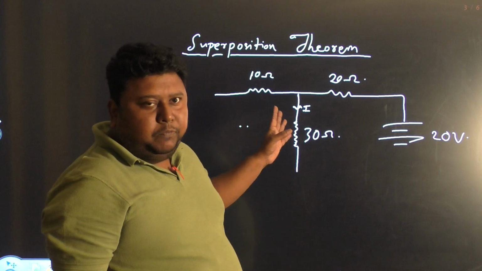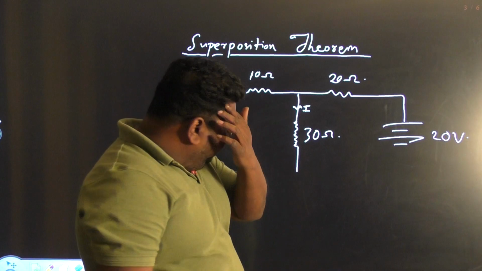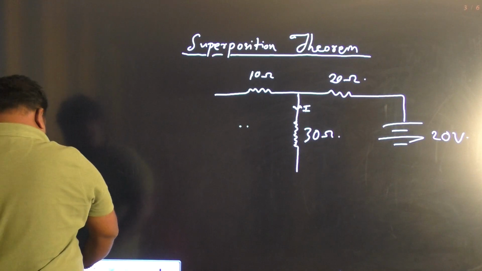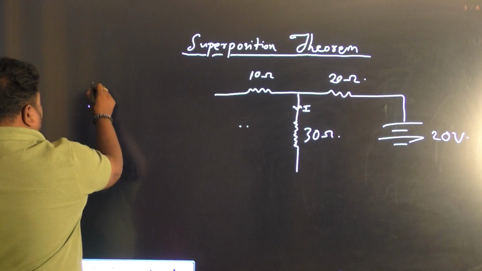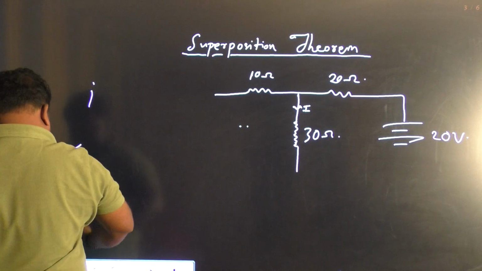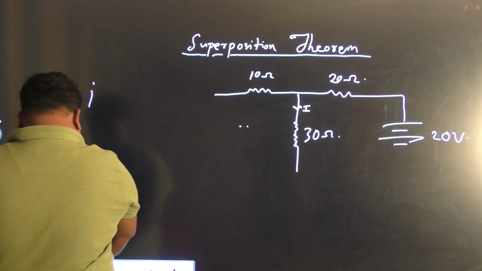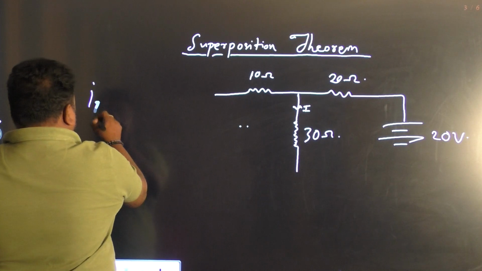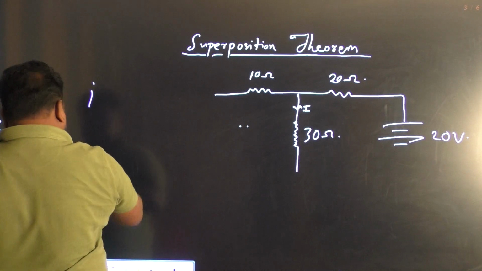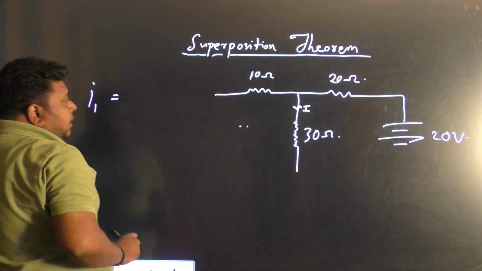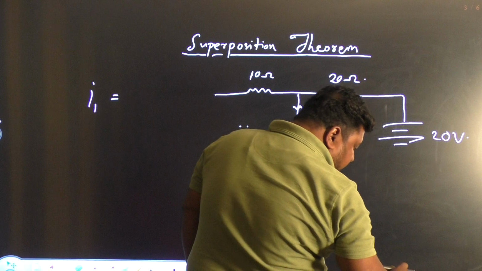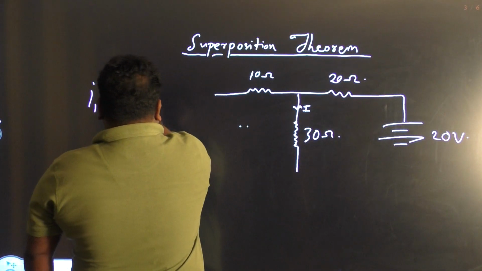First I completed for 50 volt, and I got a current value in my first step, and the current value was 0.908.